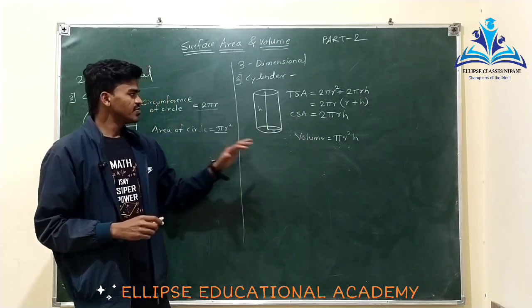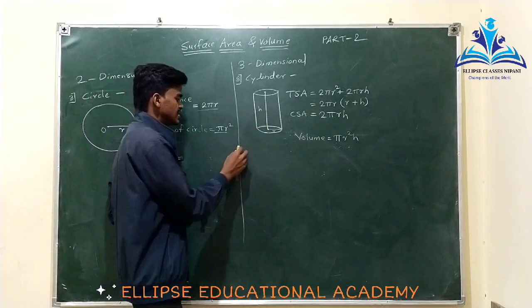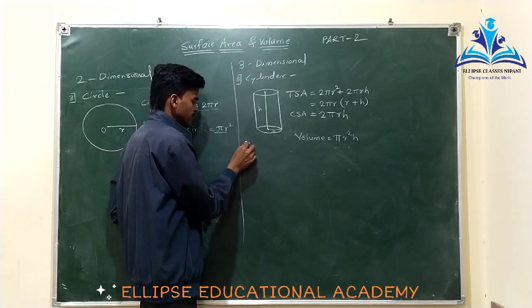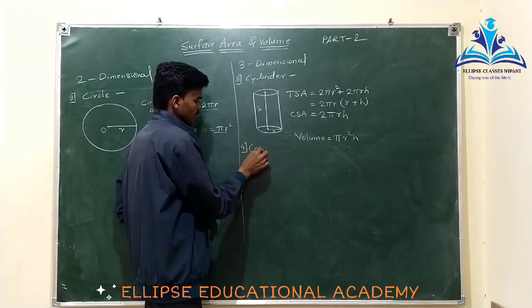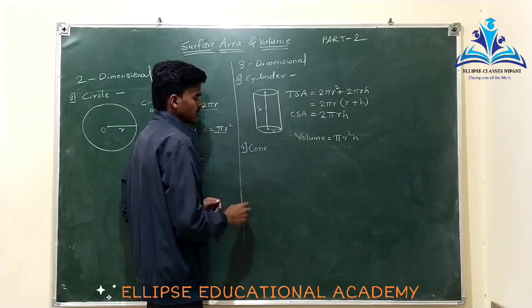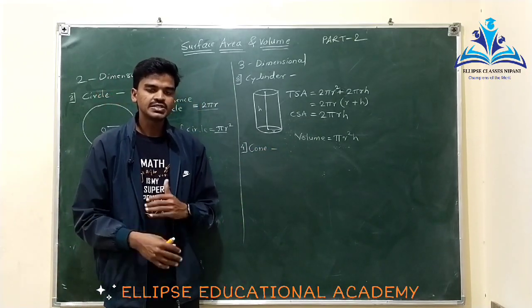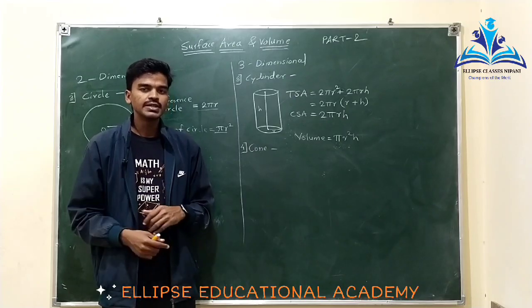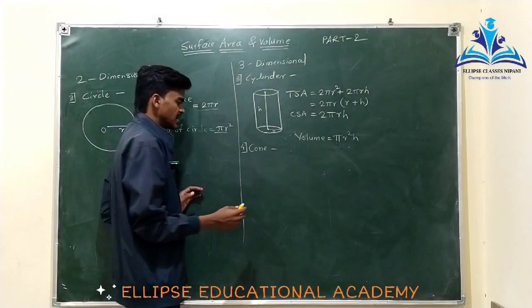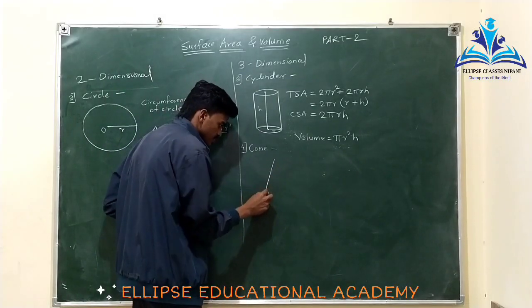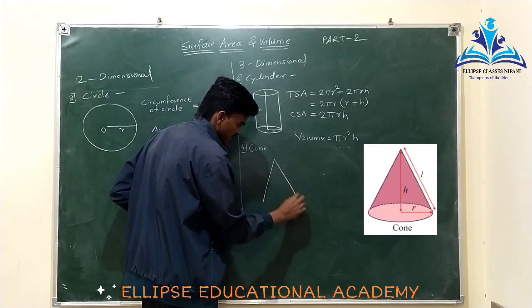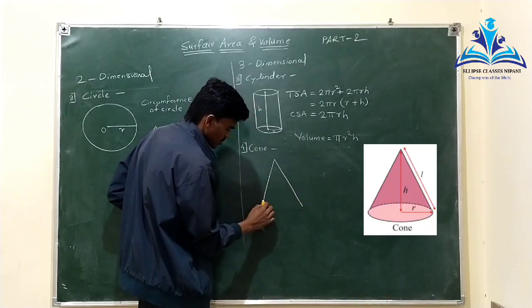With the basis of this, we need to discuss number 4, the cone. Same as the cylinder, we need to discuss the cone also. Let's see, it is nothing but like this, or a birthday cap.